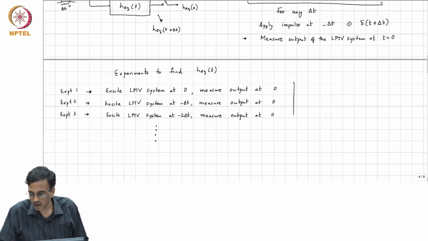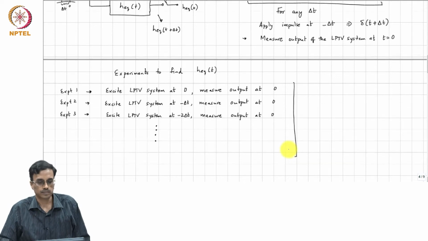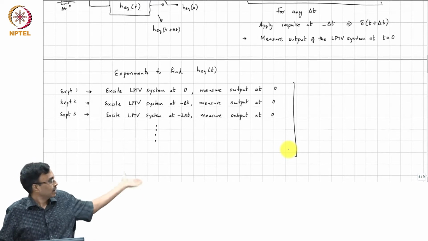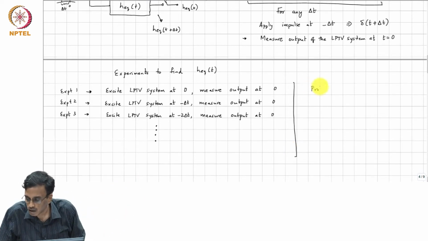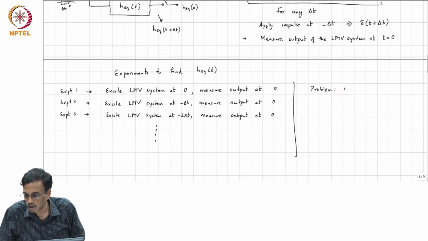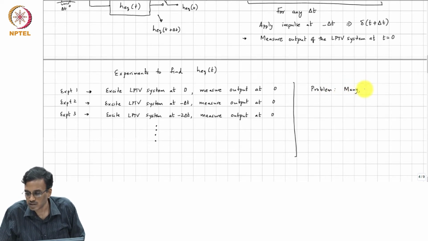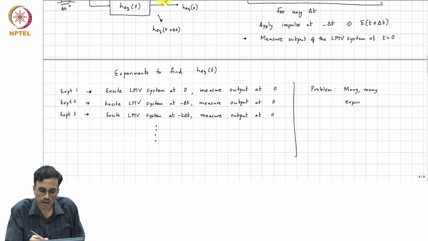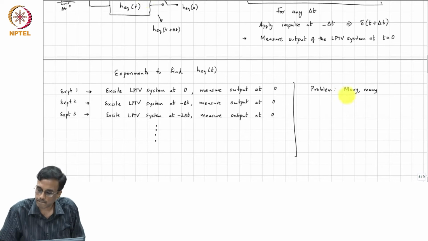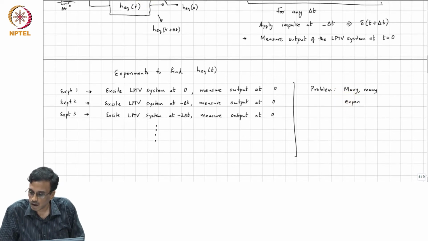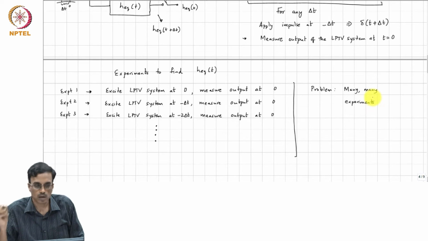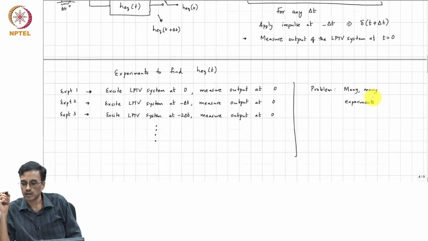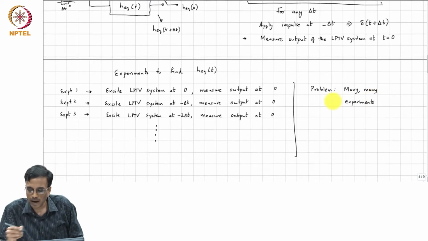Now, what is the problem with this? The principle is okay. What is the problem? Practically, you have to run many experiments. But what do you notice?